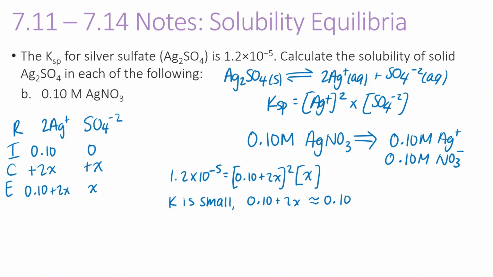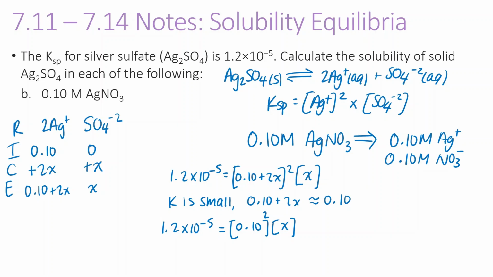So that leaves us with this situation. We have 1.2 times 10 to negative 5. That is going to be my KSP value. And that is equal to 0.10 squared times x.